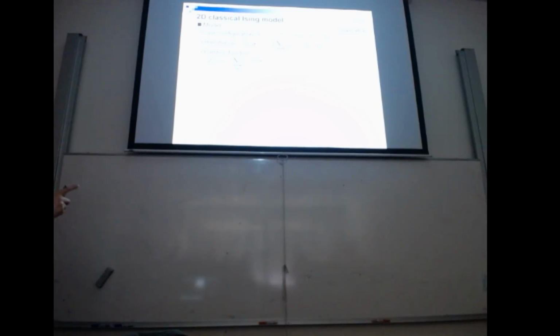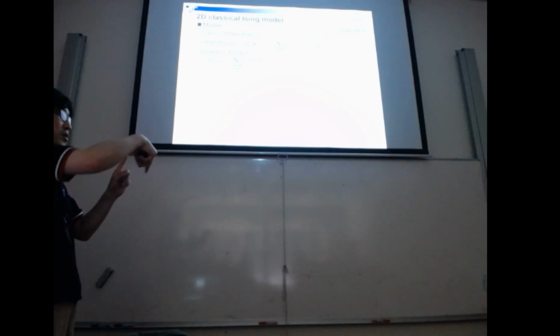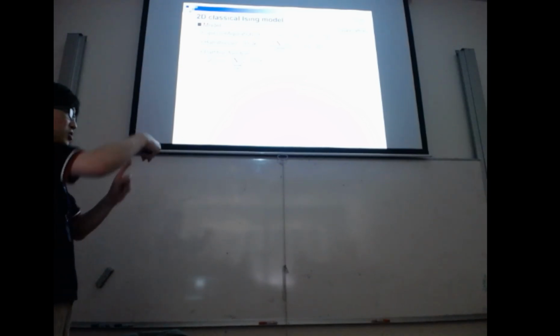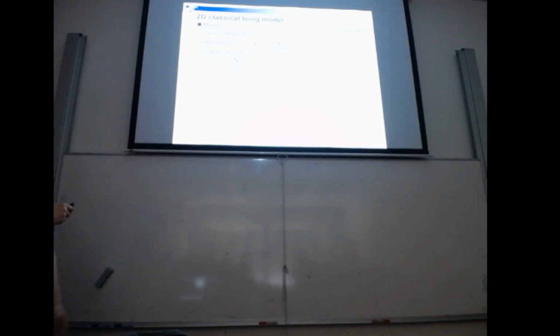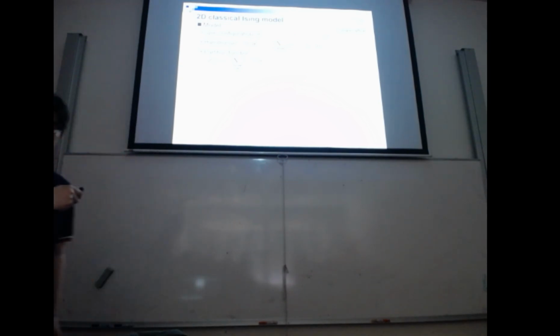So meaning, if the spins are taking the same value on some bond, then it minimizes the energy. But if the spins are opposite, then you get some higher energy, right? And this is the definition of the partition function. So it's the sum over these Boltzmann weights.